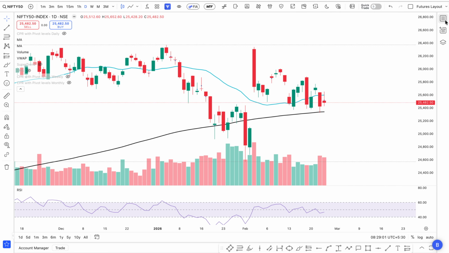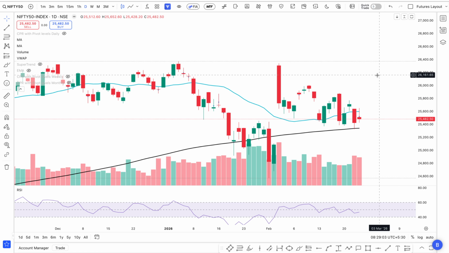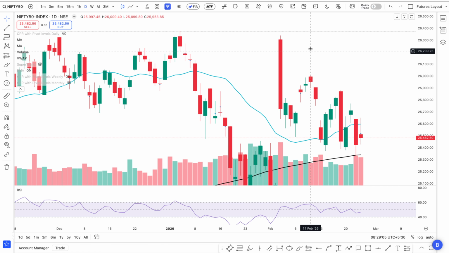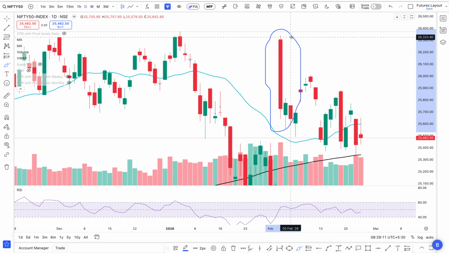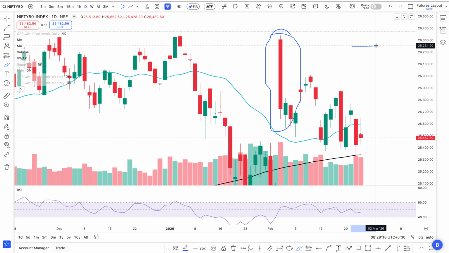Let's take one example to understand open and close much better. So let's take this red candle here. How is a red candle formed? When our close is less than open. So open is at this point and our close is at this point.